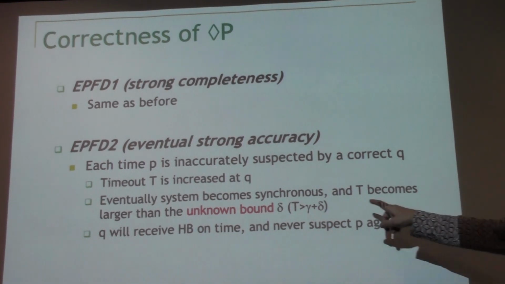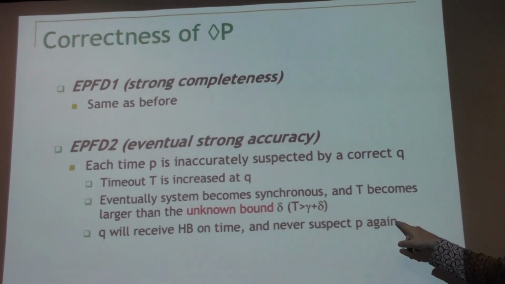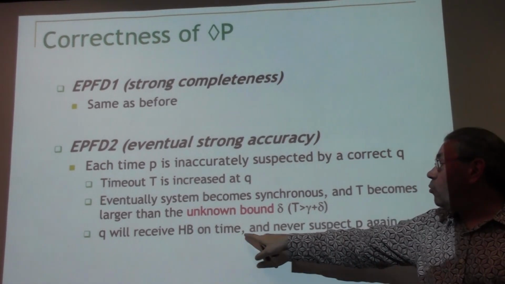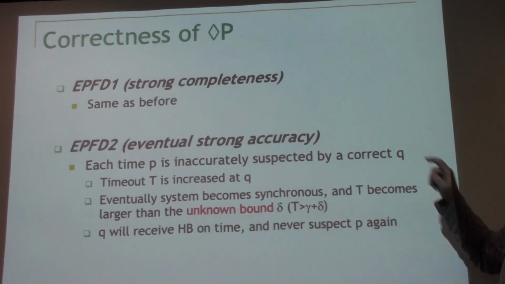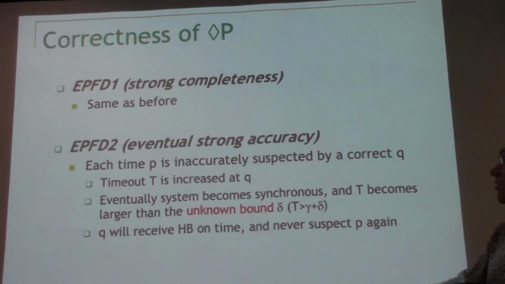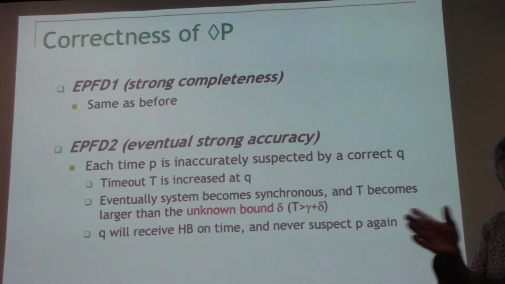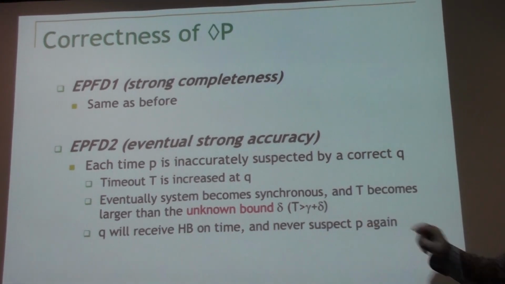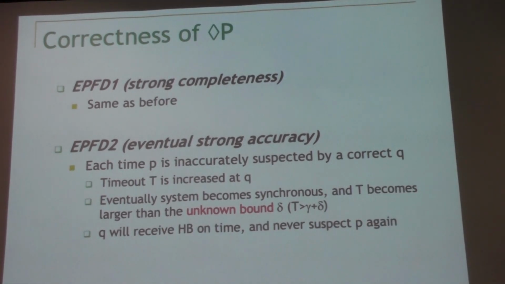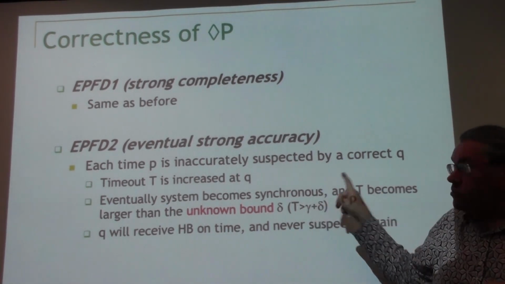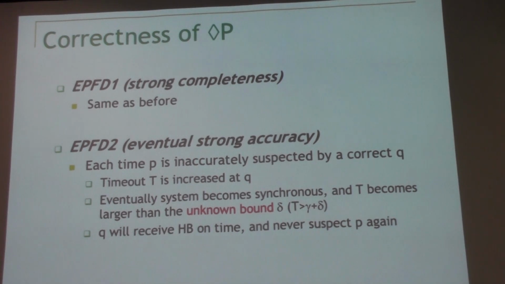Starting from that point, Q will never make a mistake with respect to P anymore. It will receive the heartbeat within the time bound, and it will never suspect P again. That's very nice, okay? So you see, it works because of these two conditions.